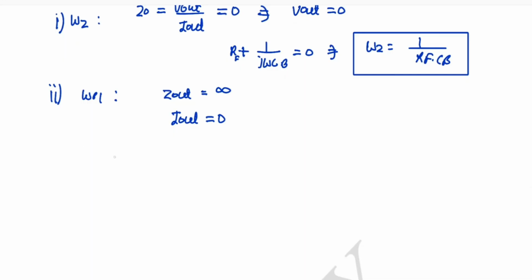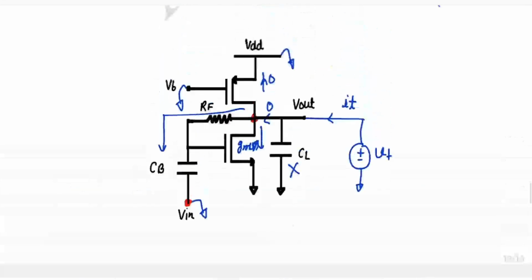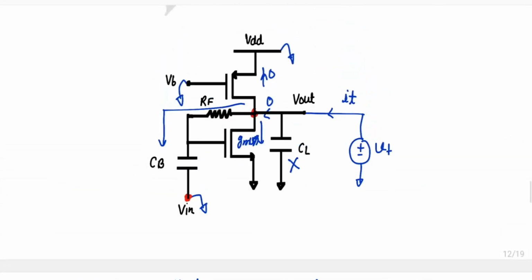So what will be the RC current? That will be V out minus Vg by Rf plus Gm Vgs equal to 0. This current will be V out minus Vg divided by Rf, this current will be Gm Vgs, and this same current will be Vg by the reactance of this Cb.